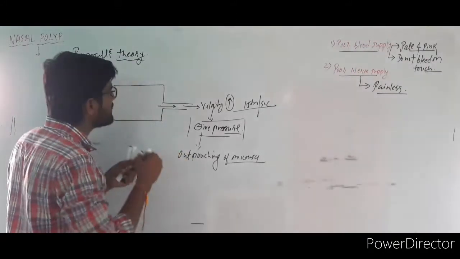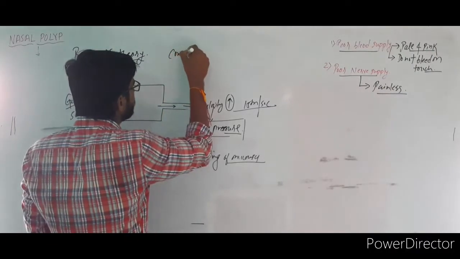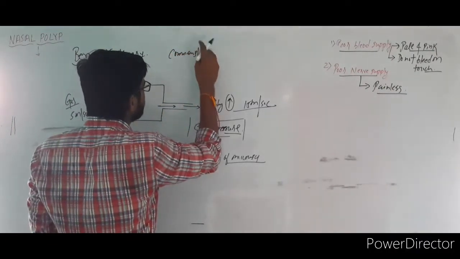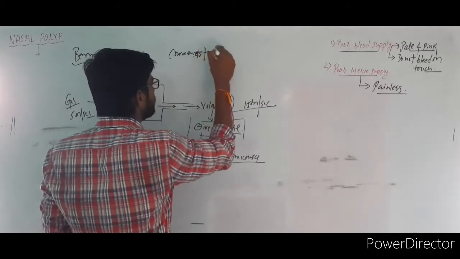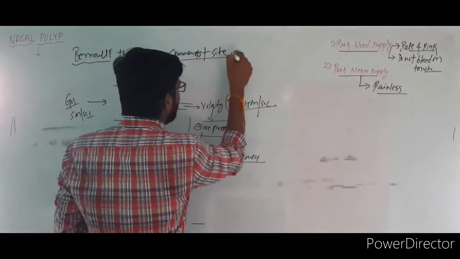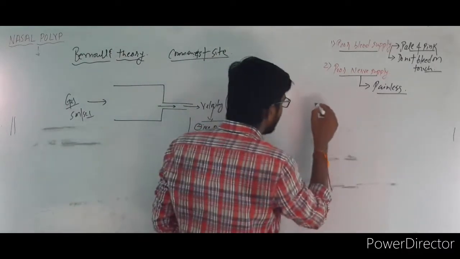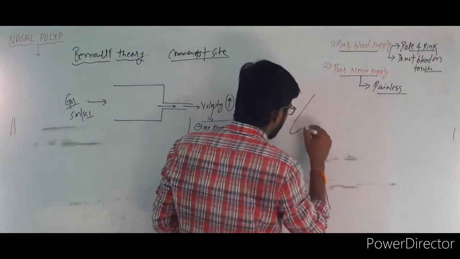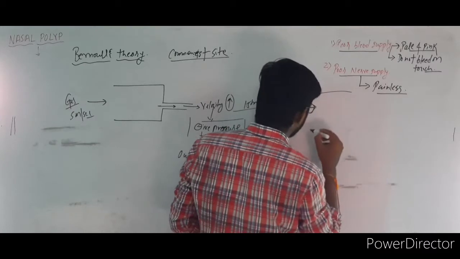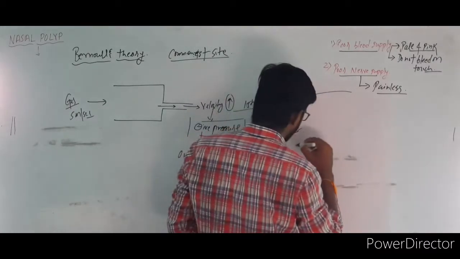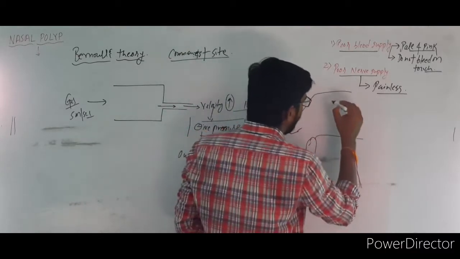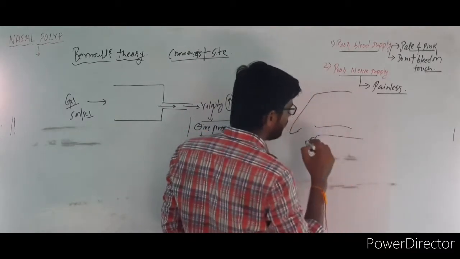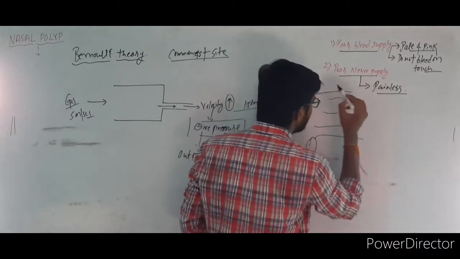Can you tell me the commonest site? Just think here. This is your nasal cavity. Here will be your inferior turbinate, here your middle turbinate, and here the superior turbinate.